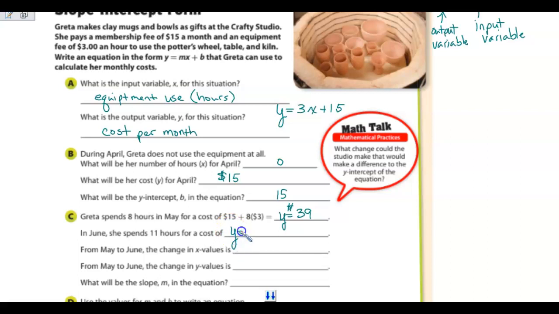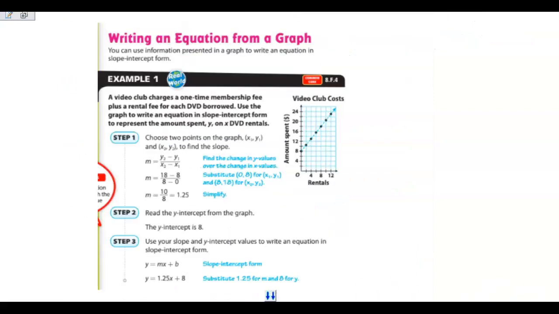So we have y equals 3 times x, which we now know is hours, plus 15. That's 33. 33 plus 15 is $48. If I take a look from May to June, the change in values, oh, they already found out that that's the 3. All right, let's move on.